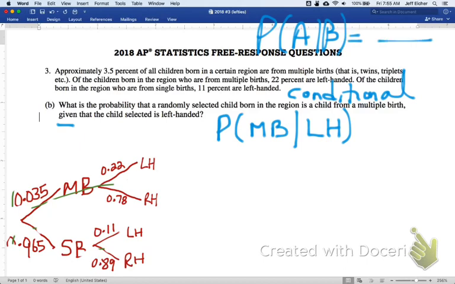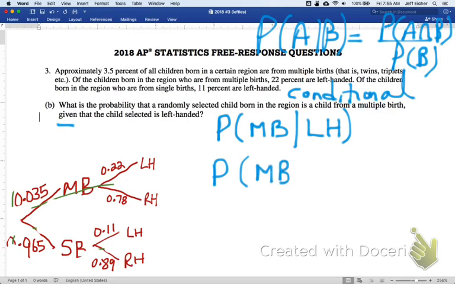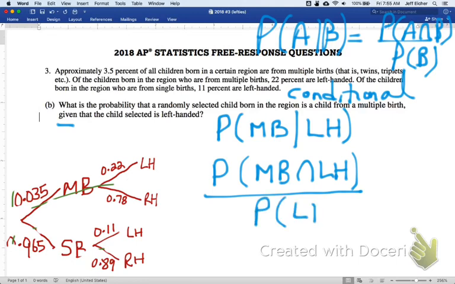A given B equals the probability of A and B over the probability of B. So in this context, we'd be having to find probability of multiple birth and left-handed divided by the probability of left-handed. Again, the notation can be helpful, but if you write the notation wrong, then that's no good on the AP exam.